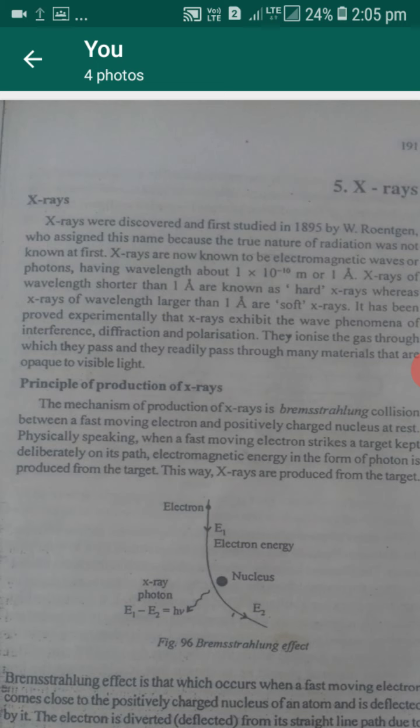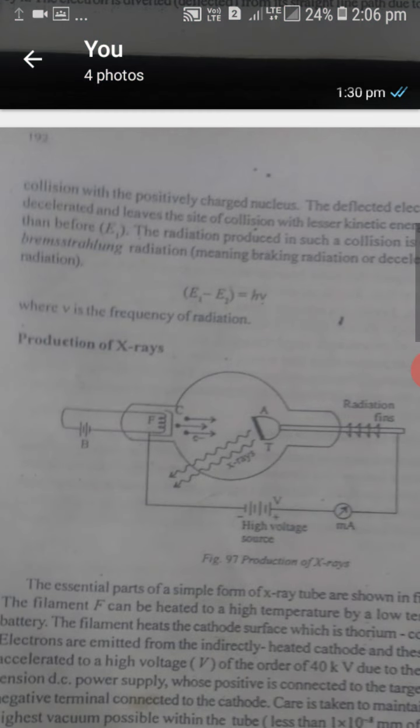Then its energy is less than before. The radiation produced in this collision is called Bremsstrahlung radiation. The energy of the radiation is E1 minus E2 equals h nu. E1 means the energy before collision, E2 means the energy after collision, nu means the frequency of radiation.